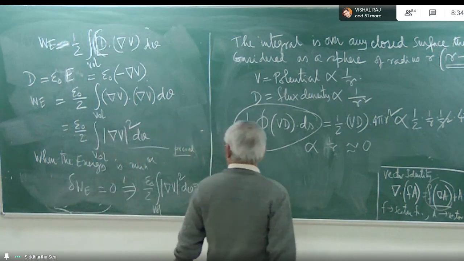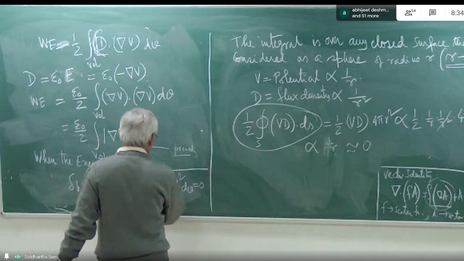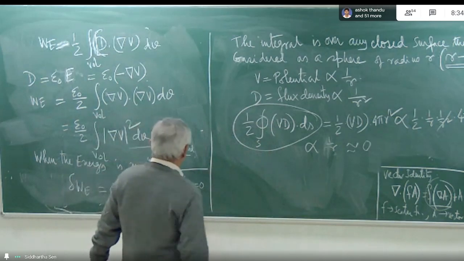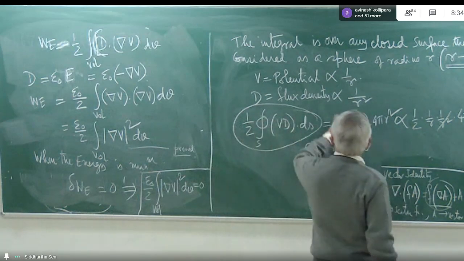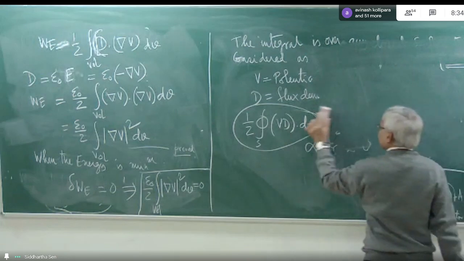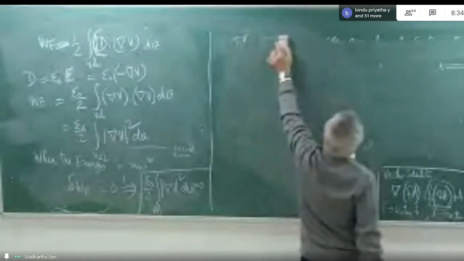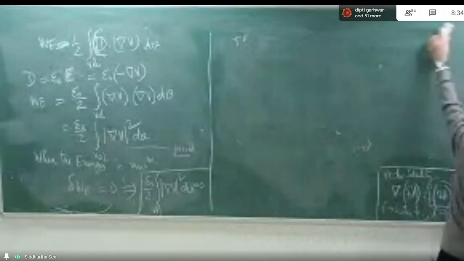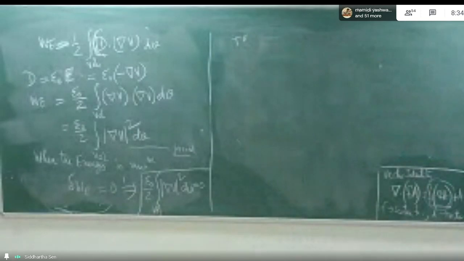Okay, so this we will have to show, to find out the condition for the minimum energy. Is it okay? Up to here constitutes the first part of this proof. Then I will go to the second part.